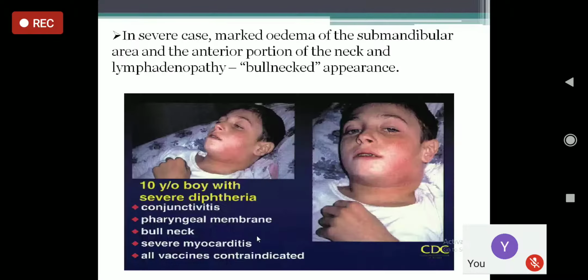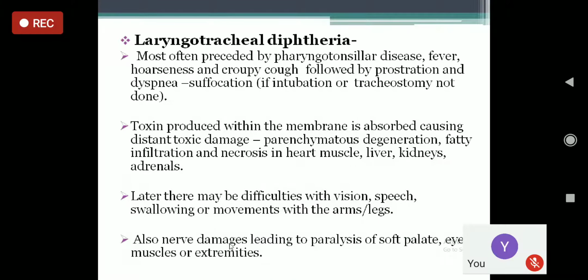That's why this child is having myocarditis, inflammation of the heart muscles, because the insidious toxin starts affecting the distant organs as well, causing fatty infiltration in the liver, parenchymatous degeneration, and necrosis of the cells in the heart muscles, liver, kidney, and adrenal glands.